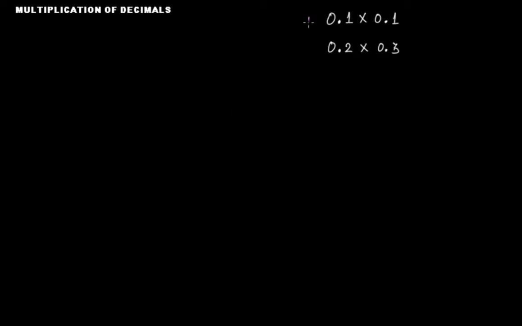Okay, so let's take 0.1 multiplied by 0.1. Now we know that 0.1 is a decimal point and 1. The first place to the right of the decimal point is always tenths, right?